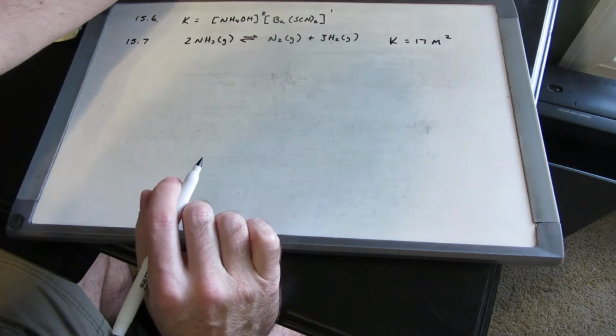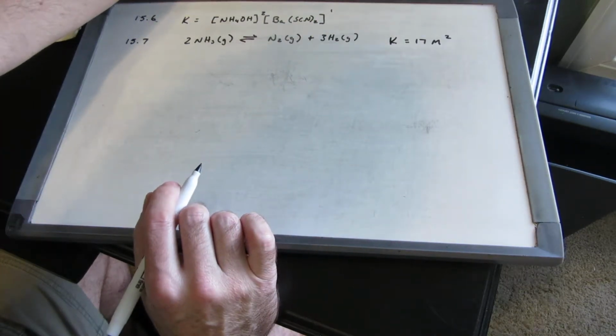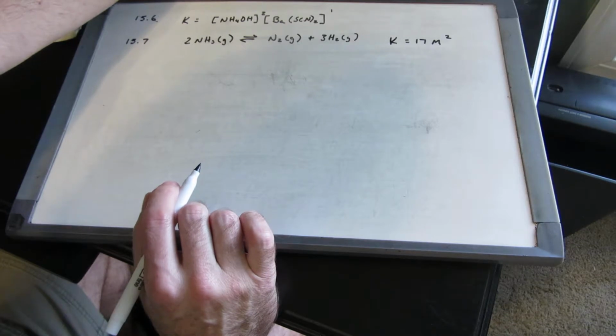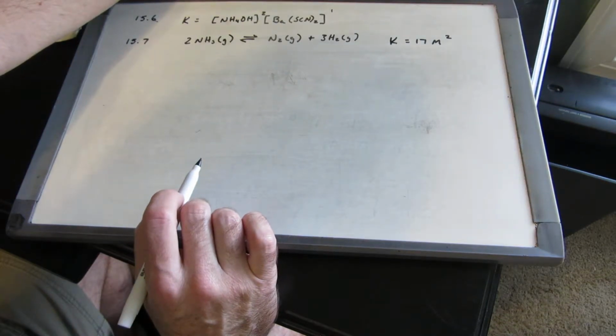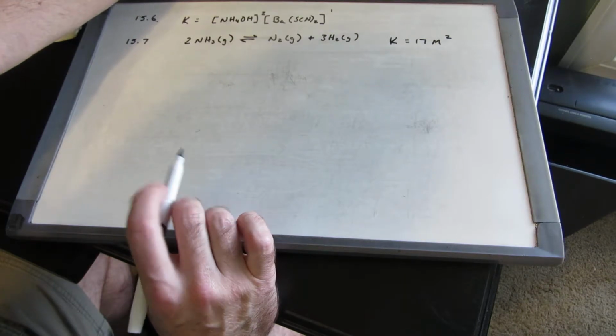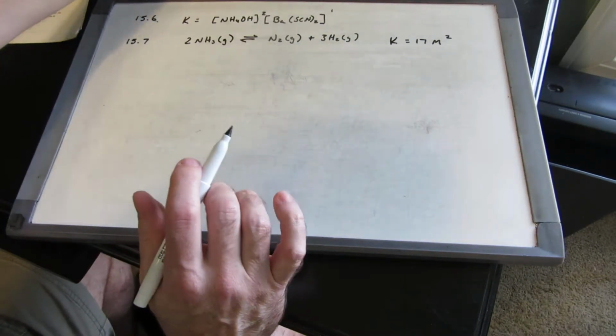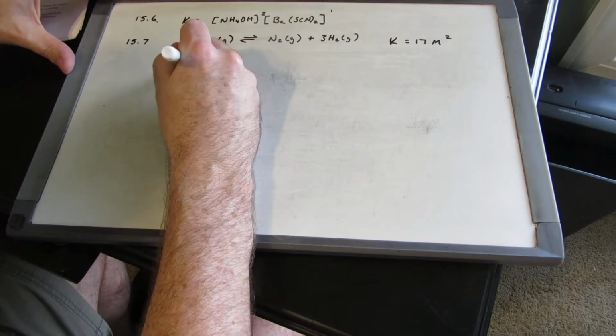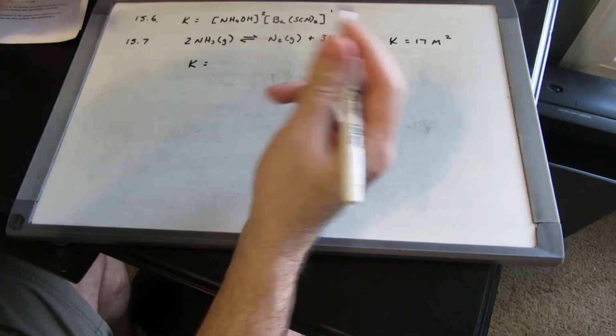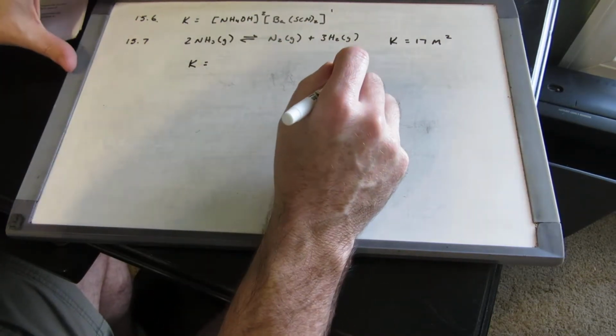And then it says the chemist measures the concentrations of each substance to be for NH3 0.4 molars, N2 1.5 molars, and H2 1.3 molars. So is this reaction at equilibrium? So all we have to do is calculate K. And we'll see. If it equals 17, then it's at equilibrium.